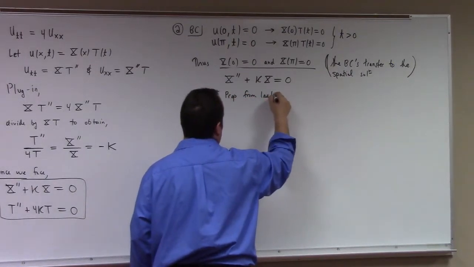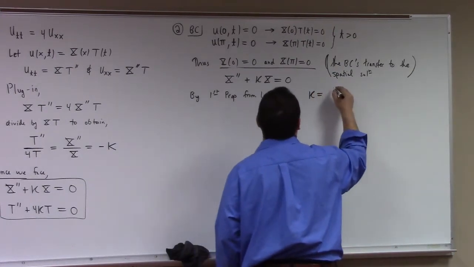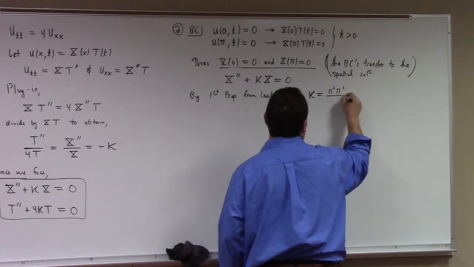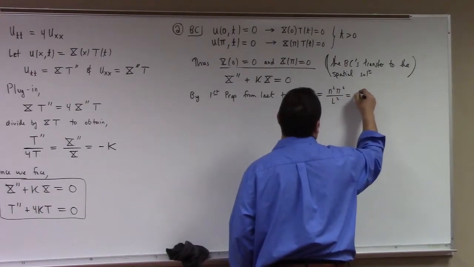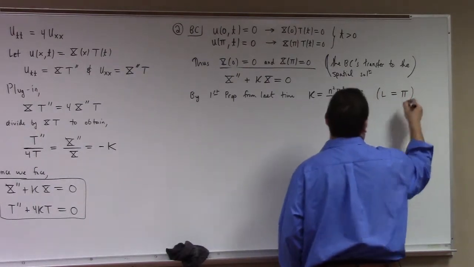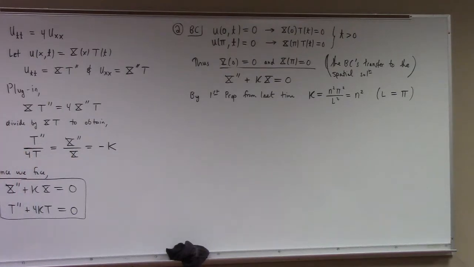we learned that k was equal to n squared pi squared over L squared, which here is just n squared since L is equal to pi in this problem. We solved the boundary value problem from 0 to L, but here L is pi.